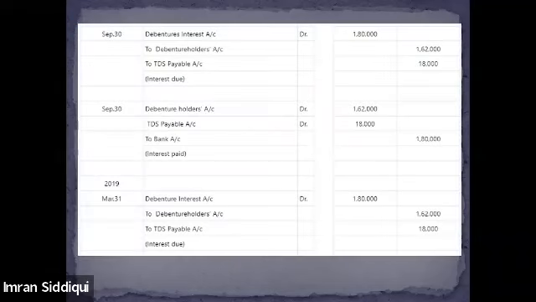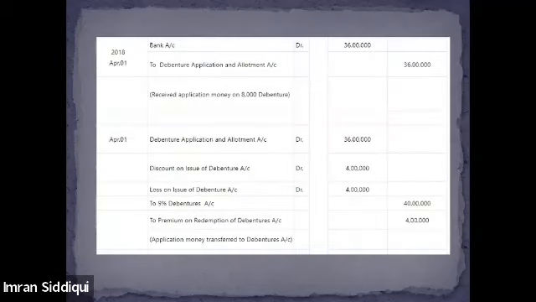Debenture account debit to debenture holder account, 1,80,000. Could you please repeat this? Debenture account debit to debenture holder account. No, debenture interest account debit, right? Or you can debit interest on debenture account instead of this. Yes, sir.